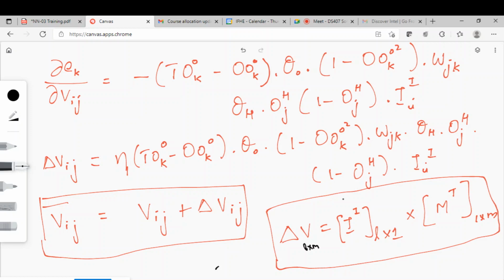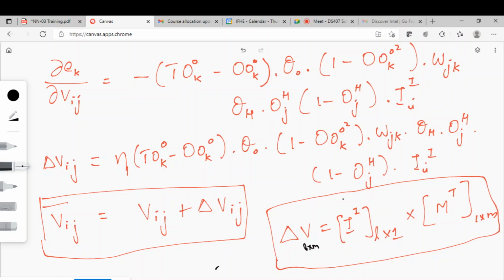So we take the transpose of this entire thing, which is represented as m, so it becomes 1 into m. Now these two matrices can be multiplied and the result will be L cross m. This is how we derive this.